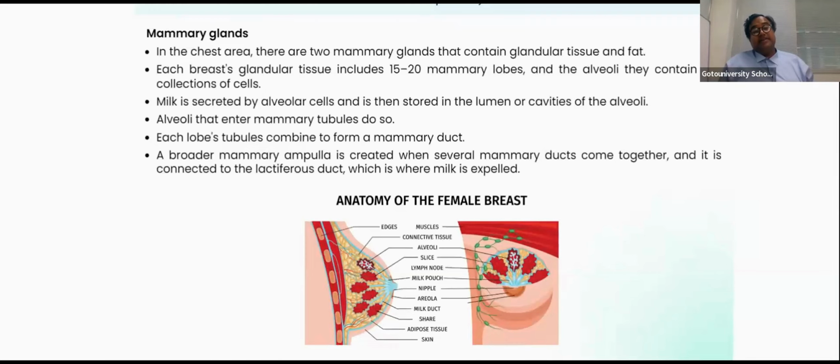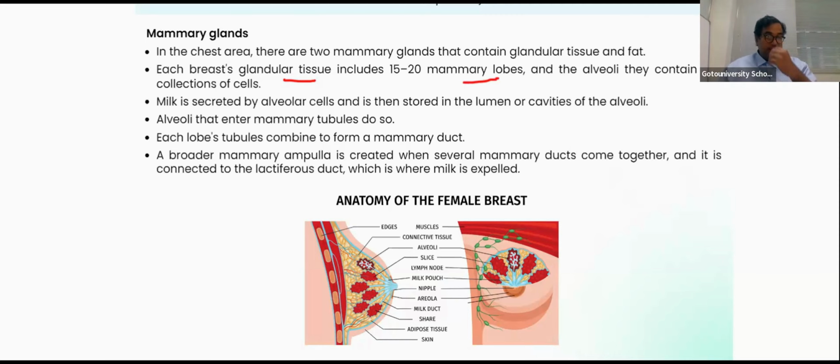That is having a specific arrangement for facilitating the milk production. That is happening because of the glandular tissues of the mammary lobe inside the breast. There are so many partitions that we call mammary lobes, which have many mammary gland tubules.